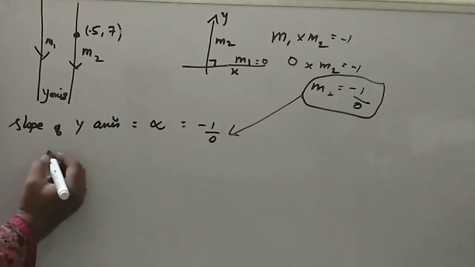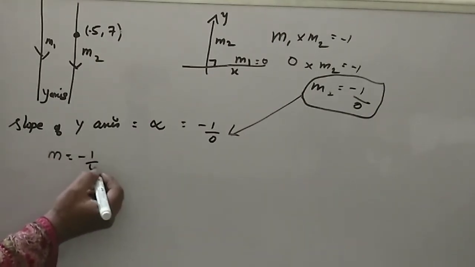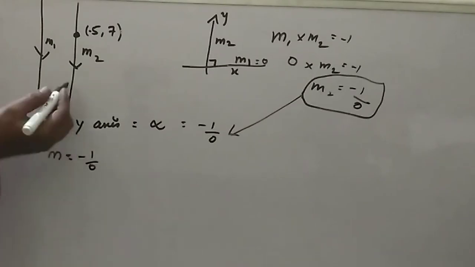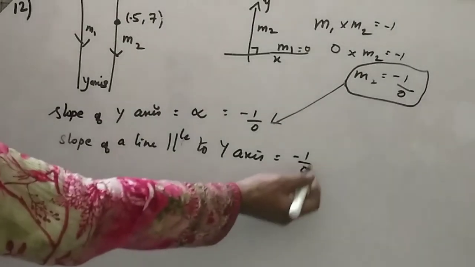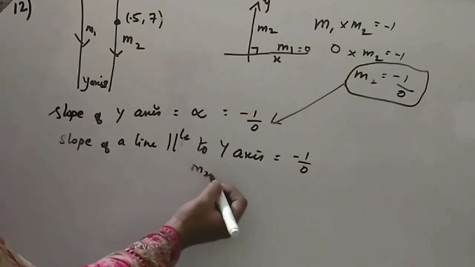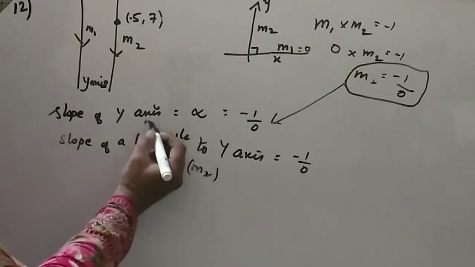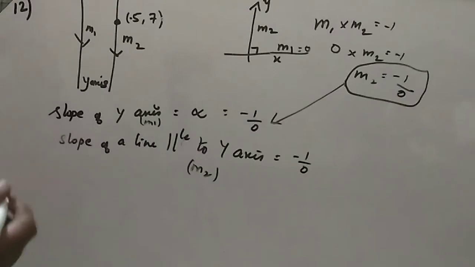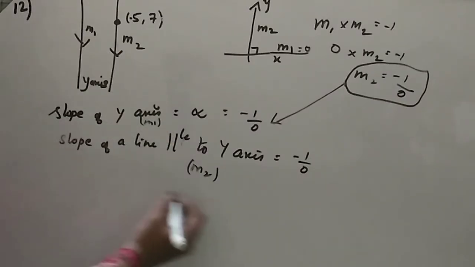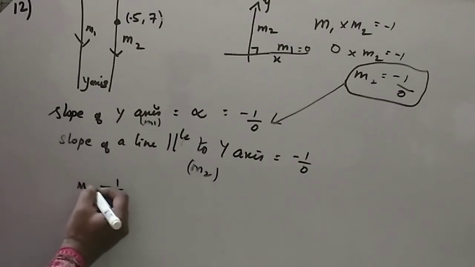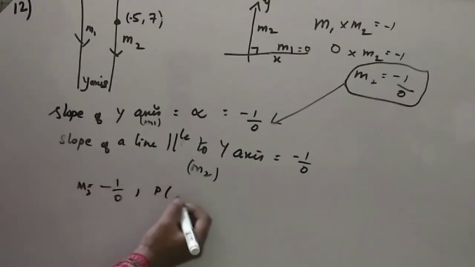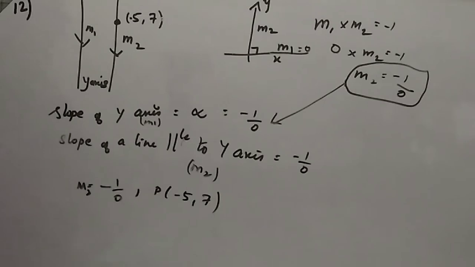Now you know the slope is minus 1 upon 0. The slope of a line parallel to the y-axis is minus 1 upon 0. This you take as m2 and this one is m1. Now you write the slope we know, minus 1 upon 0, and the point (-5, 7).